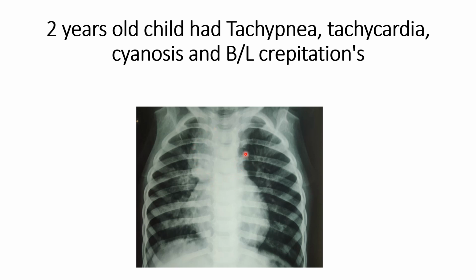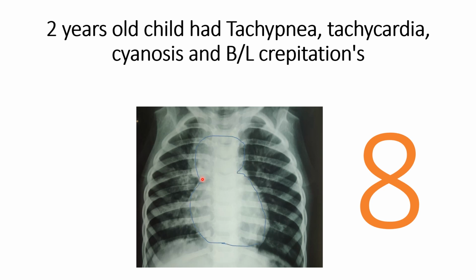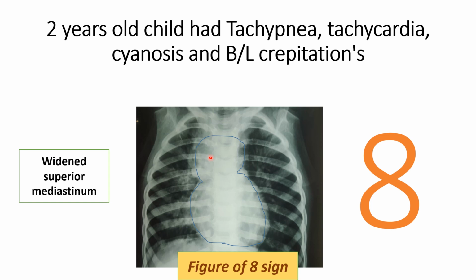Here you can see the upper mediastinal part is widened, and now when you draw a line, what is the figure? It is a figure of 8, and this figure of 8 sign, because of the widened superior mediastinum, is characteristically seen in total anomalous pulmonary venous return, and here you can see the increased pulmonary vascular marking also.